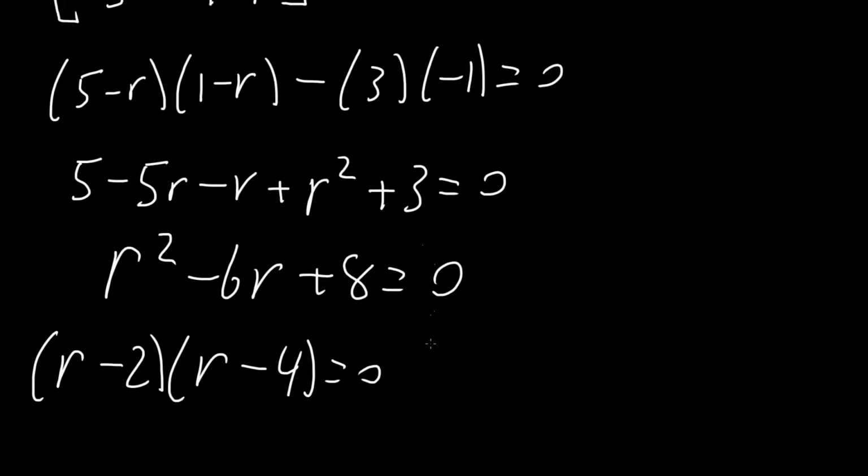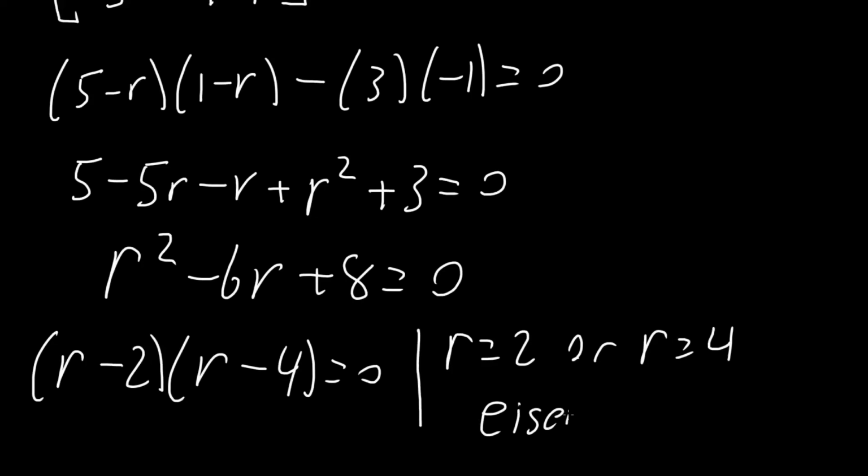By doing this, we get the eigenvalues. So r is equal to 2 or r is equal to 4. This is what we wanted, the eigenvalues. Next, we are going to get the eigenvectors.